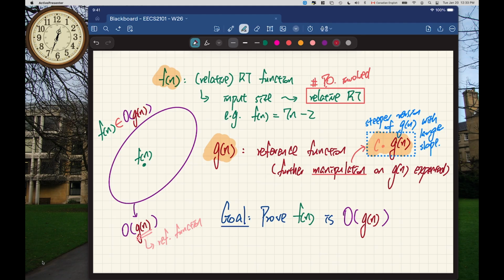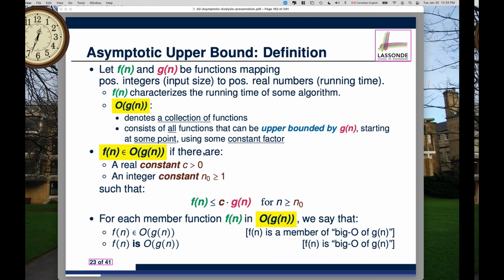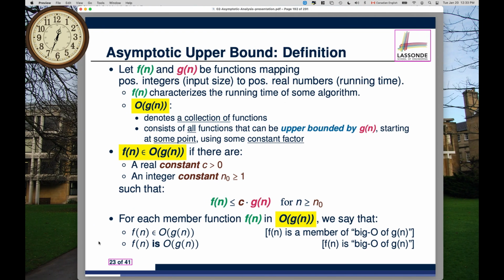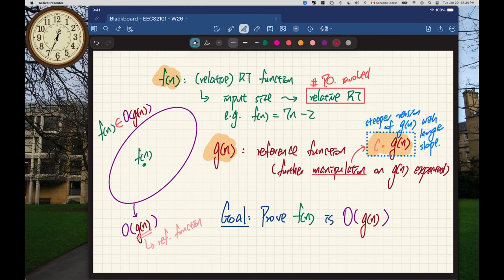Either you can say f of n is a member of the family of big O of g of n, which is what I said on the notes, or you can say f of n is big O of g of n. People usually say these two. You can choose either one, it doesn't matter. I think that's good enough for now.